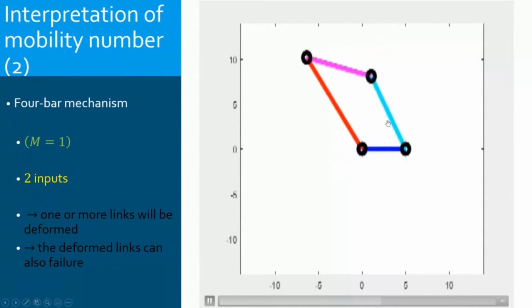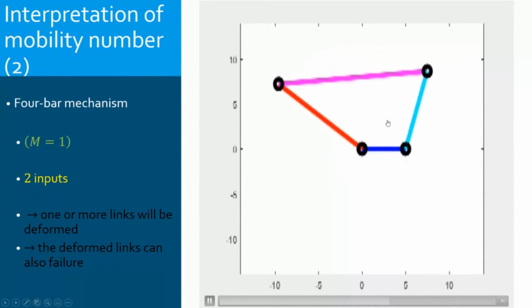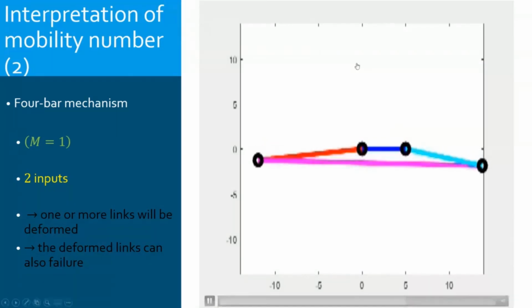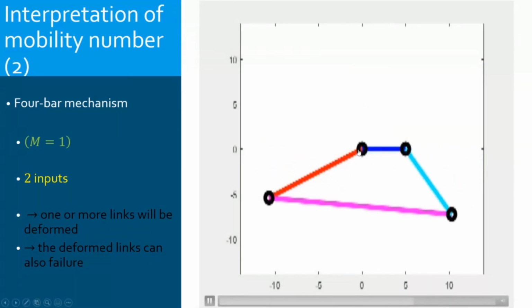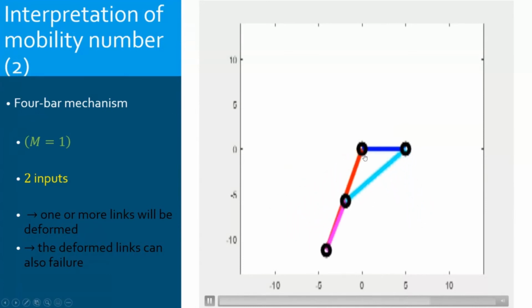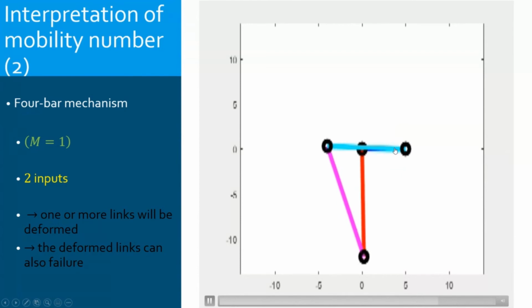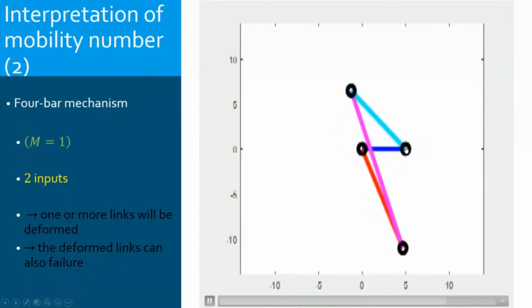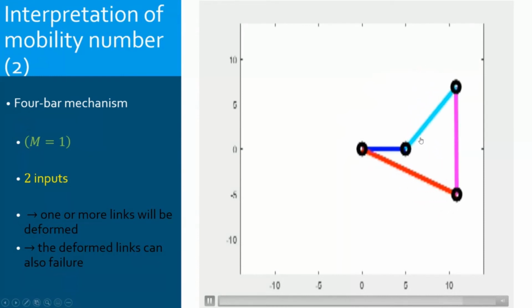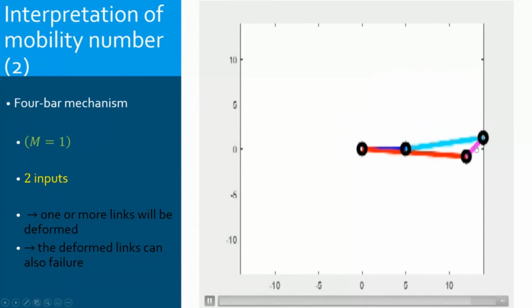It is as if I have a 4-bar mechanism, and I have put a motor here to drive the red bar crank, and another motor to drive the second crank. What happens now to the coupler?